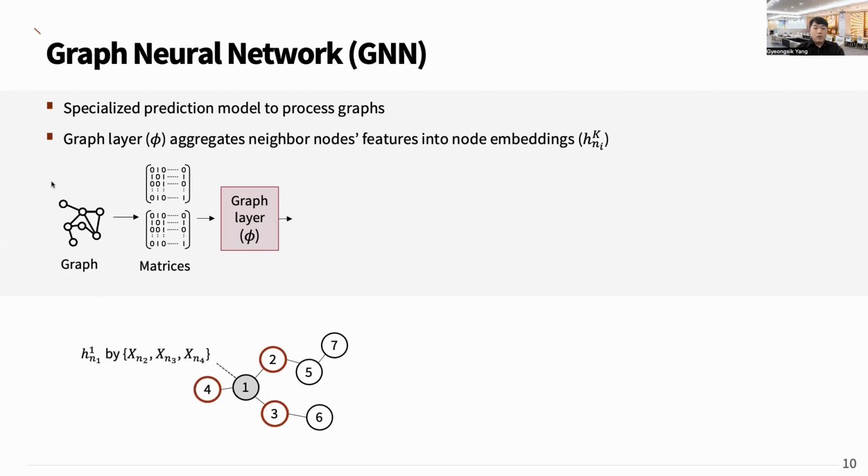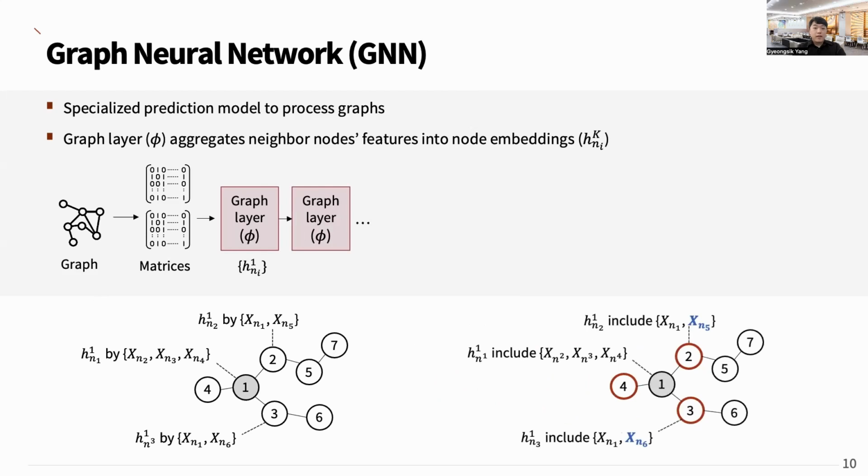In the same way, the first layer creates the node embeddings of the other nodes. Then the second graph layer aggregates the created node embeddings from the first layer. For example, from the graph at the bottom right side, the second graph layer aggregates the embeddings of nodes 2, 3, and 4 for the node 1.